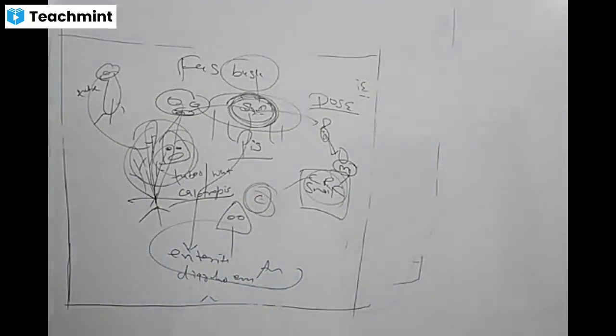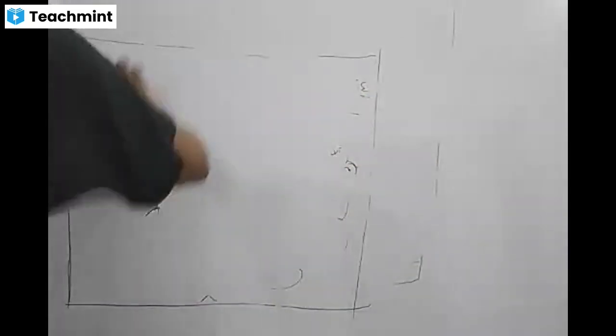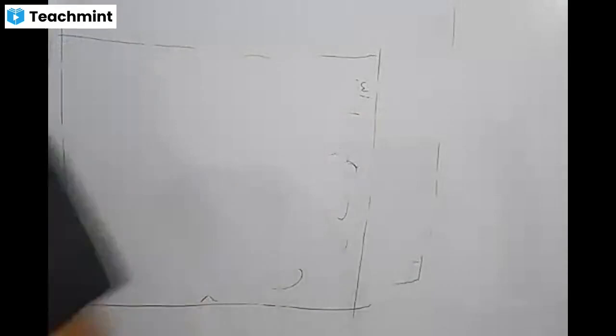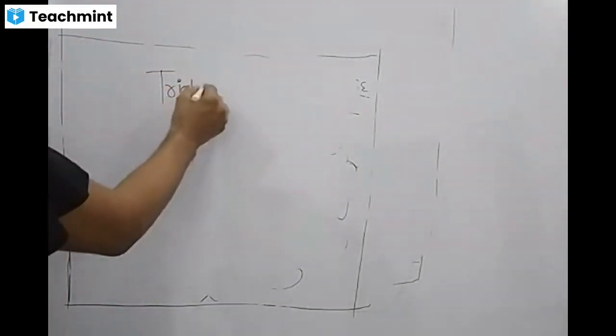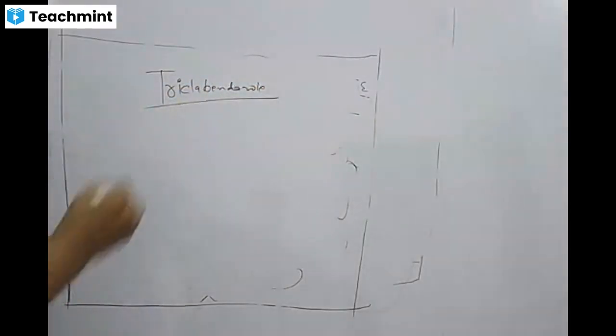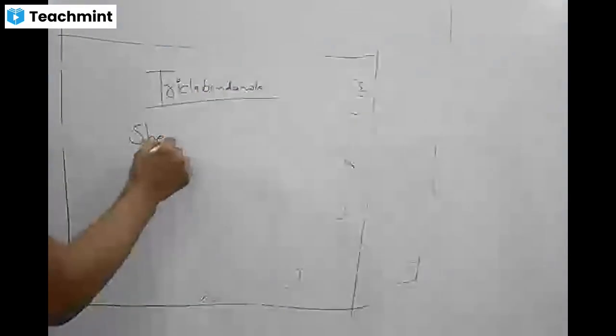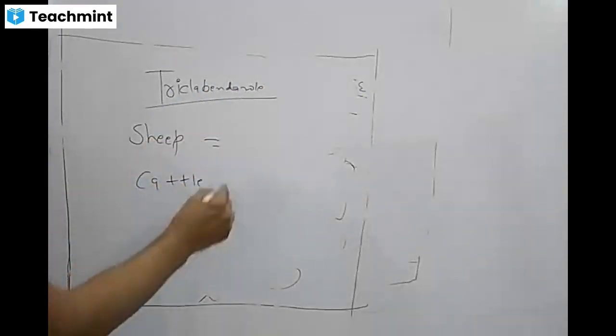One MCQ that they always ask about fasciola is the drug of choice. What is the drug of choice? There is one famous drug, that is triclabendazole. In one competitive exam, they asked the dose rate for sheep and for cattle.